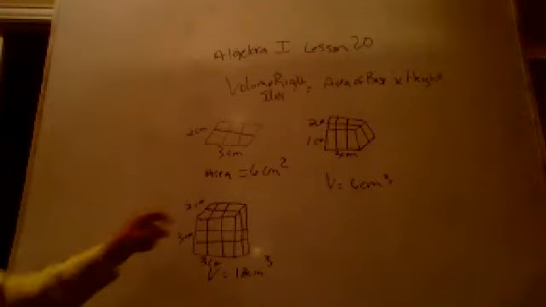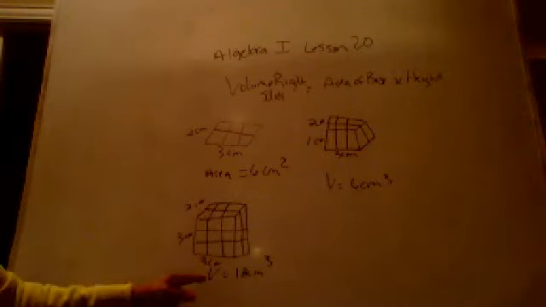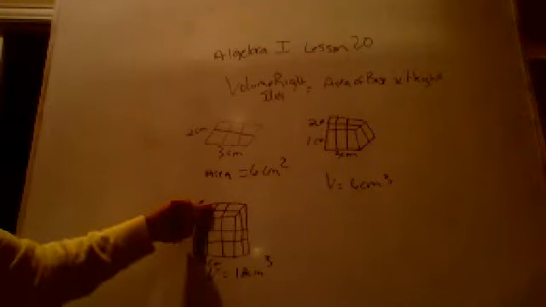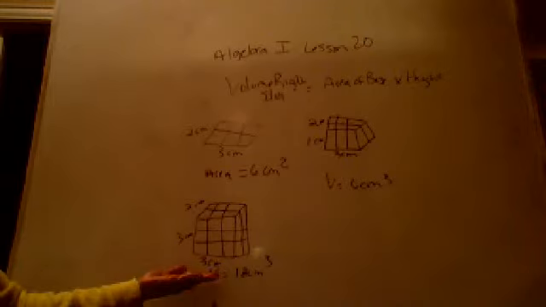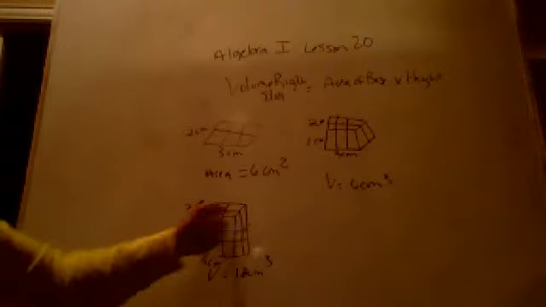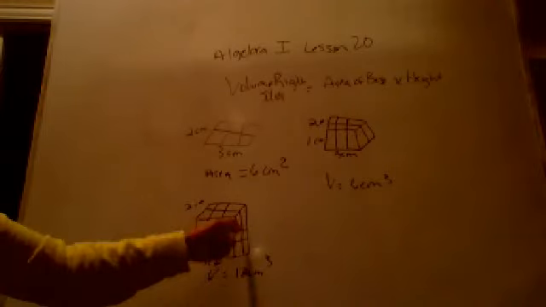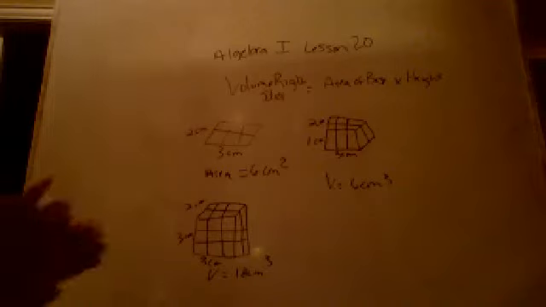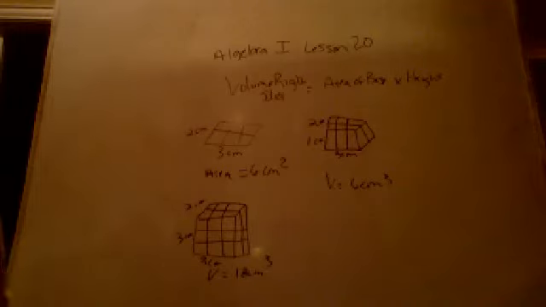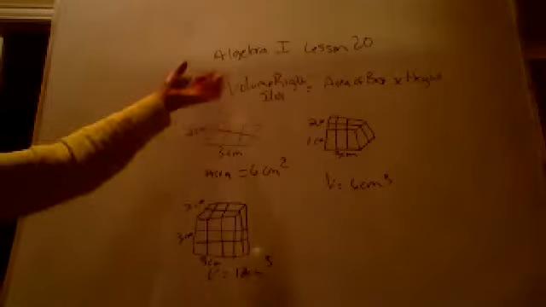In the surface area, you had 2 bases, and you had to get the area of one base times 2 because they're identical, the same at the bottom, and then we added up the lateral surface. Well, on a cube, you've got 4 sides. If you have a cylinder, it's just 1 round side. We're talking about volume. Okay, so this is your formula: area of the base times the height.